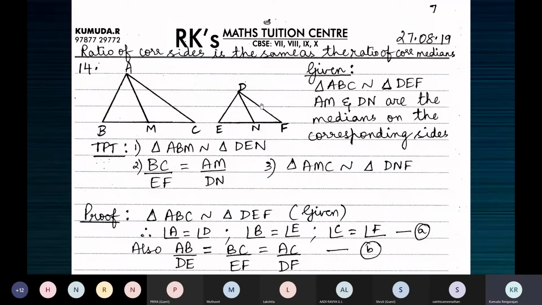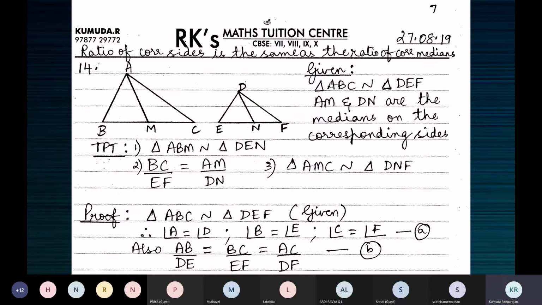Now we should understand what is meant by the ratio of the corresponding medians. What do we understand by corresponding medians? Vertex A corresponds to vertex D, which means the median from A corresponds to the median from D.